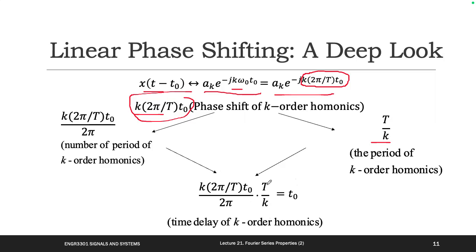T over 2 pi is what? One over omega naught, am I right? Omega naught multiplied by one over omega naught will be removed, and this k and k will be removed, and this equation will equal t0, am I right? Okay. And what does this mean?